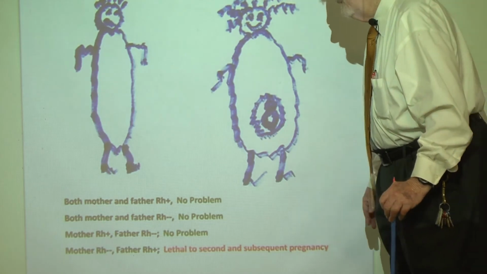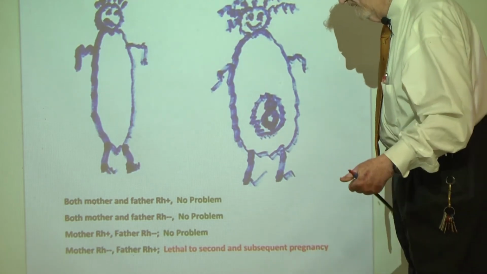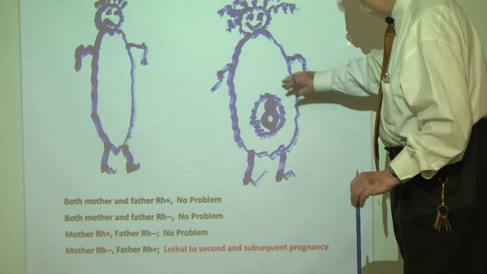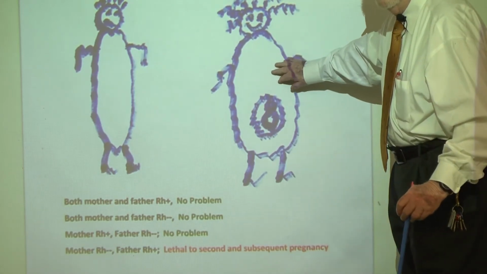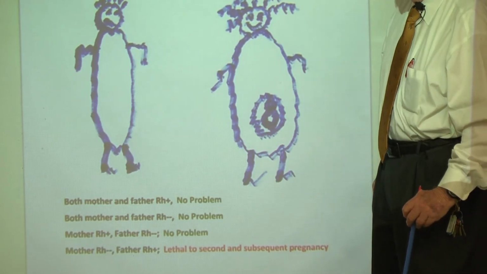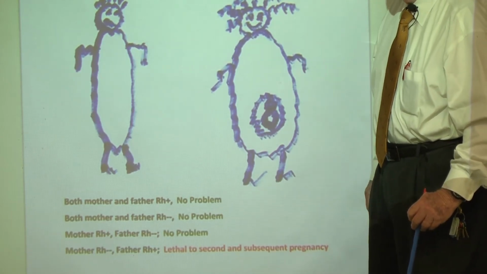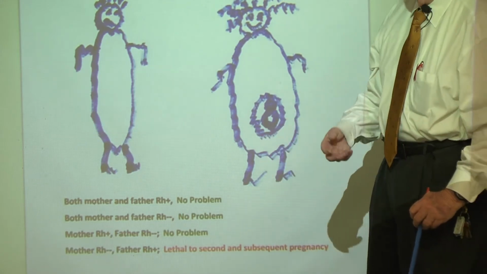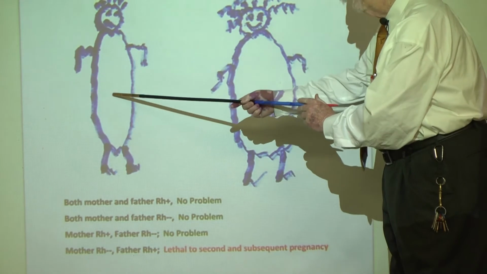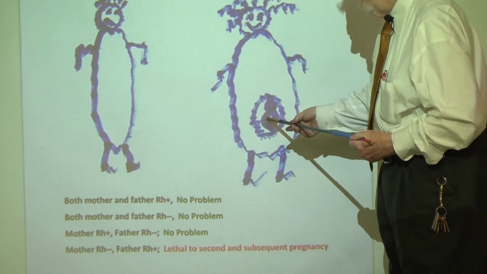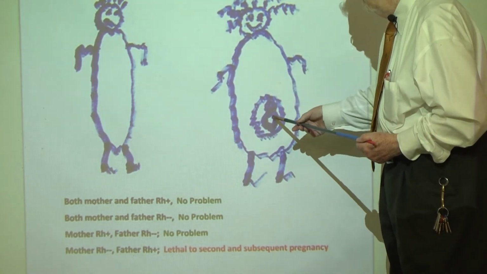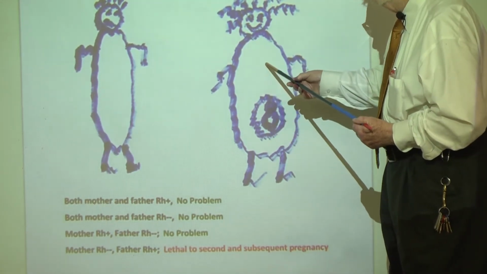But what if, and this is the bad one, what if Mama is Rh negative? All right, and to her, the Rh protein is a foreign protein. If it ever comes into her body, her immune system will attack it and try and get rid of it. Well, what if Billy Bob is positive, and he gives that positive gene to Molly Fred, and Sally Sue is Rh negative?